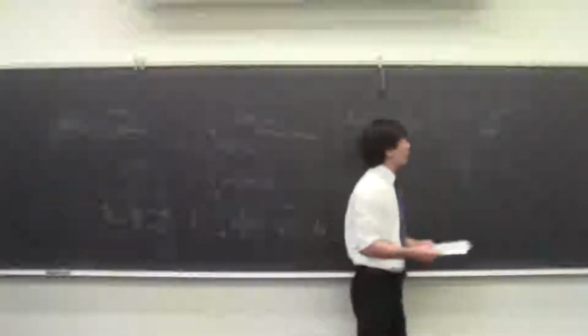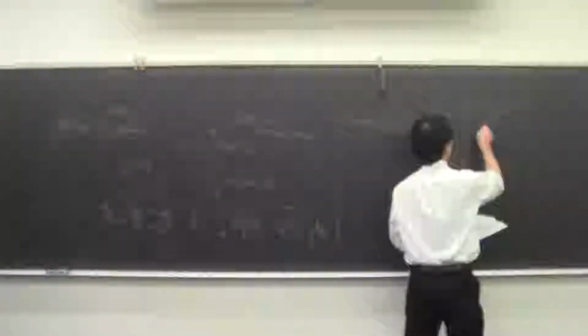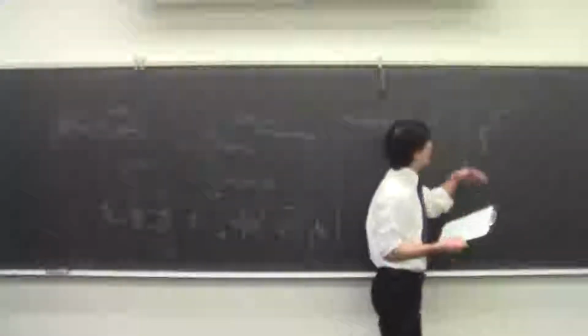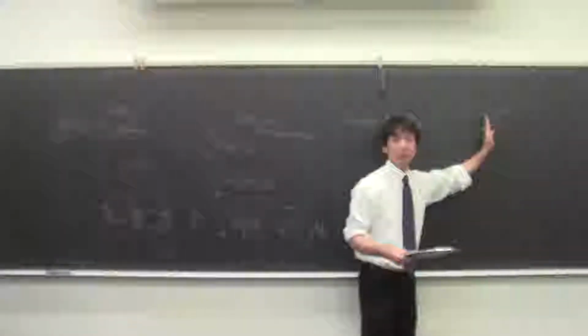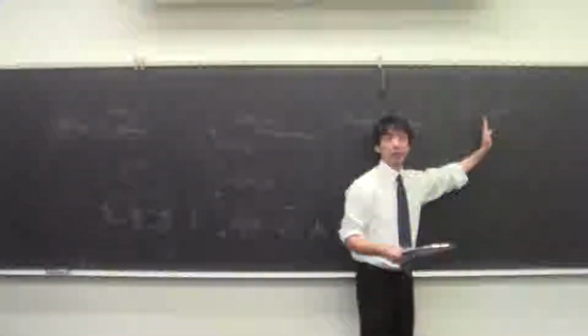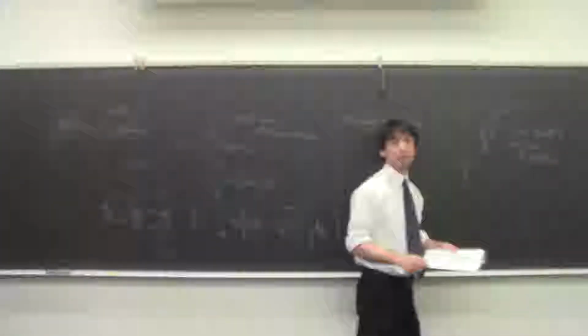Well, the method of shells is you cut in the opposite direction. Instead of cutting perpendicular to the axis of rotation, you cut parallel to the axis of rotation. So slice parallel to the axis of rotation.